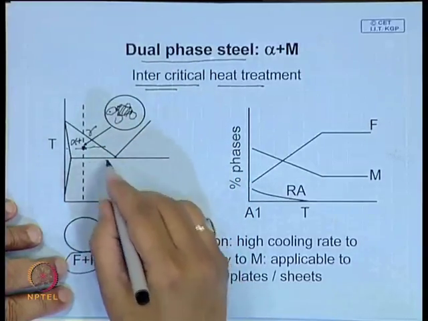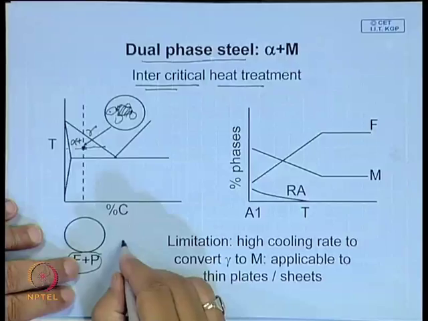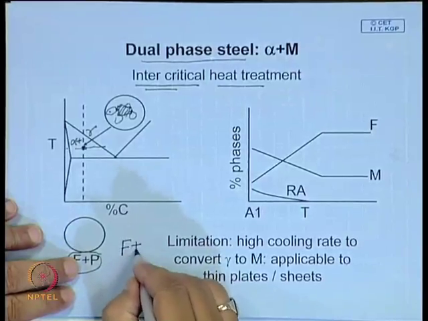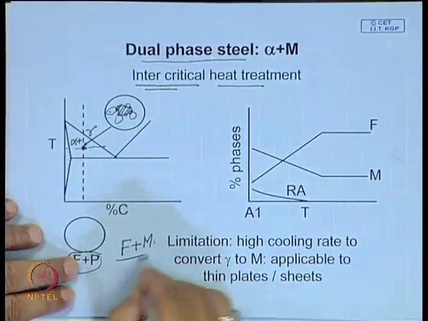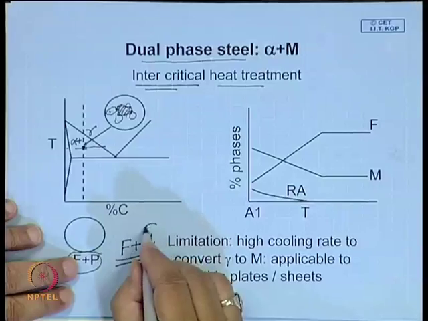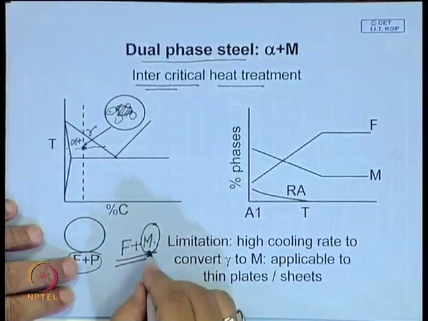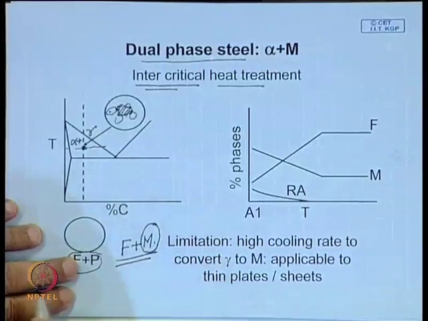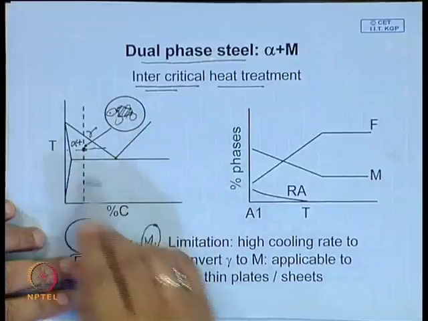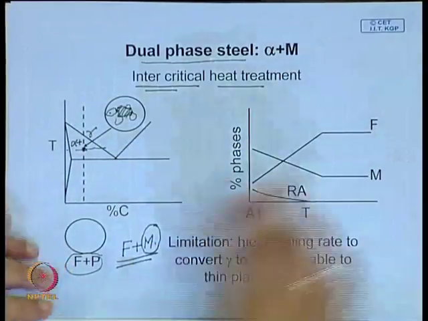From here, if you quench, ultimately it is possible to get a ferrite plus martensite structure. This martensite will have a relatively higher carbon content, and this is a potential method which can be exploited to develop a steel with a good combination of strength and ductility.